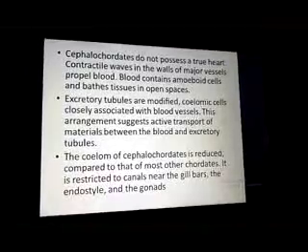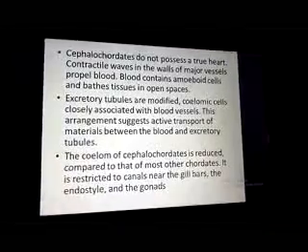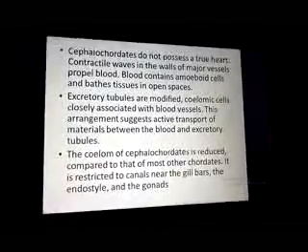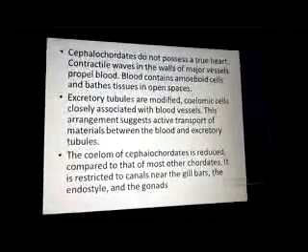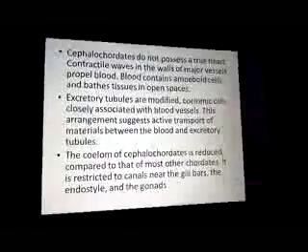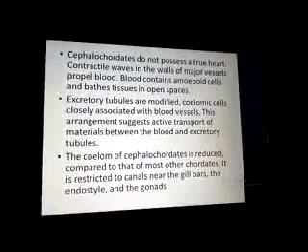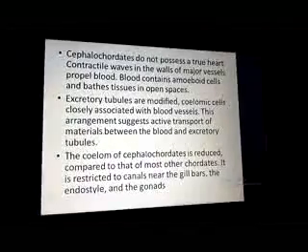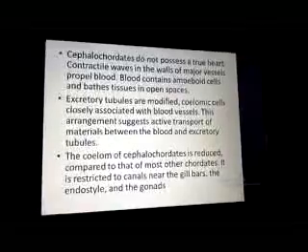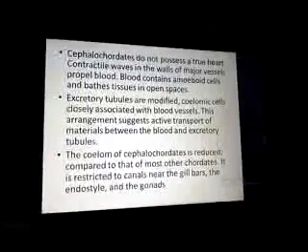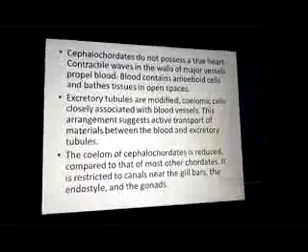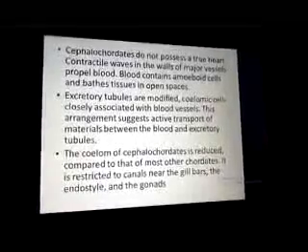The blood of the chordate is not confined into the blood vessels, and it flows into open spaces and directly bathes the tissues. Blood of cephalochordates contains amoeboid cells.